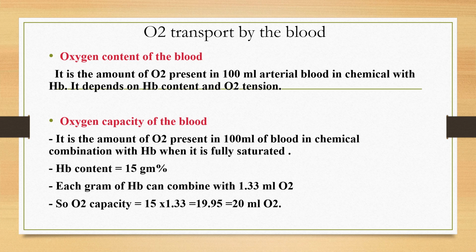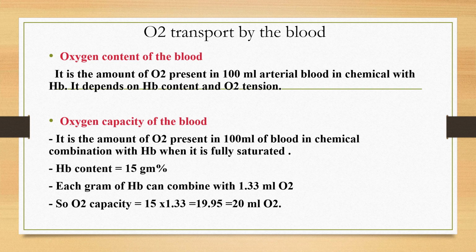This 20 ml of oxygen we call the oxygen capacity. Again, what is the difference between the capacity and content? Both are the carriage of oxygen by hemoglobin in chemical combination in 100 ml of arterial blood, but the capacity is when it is fully saturated.